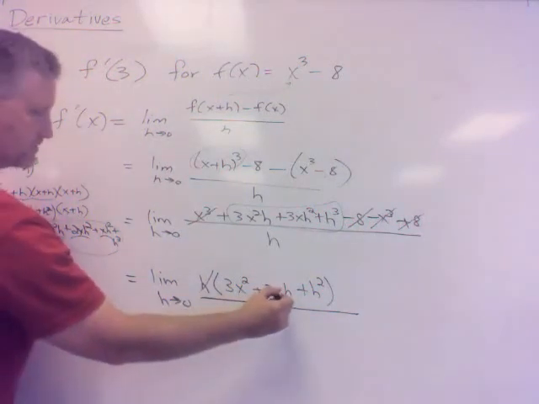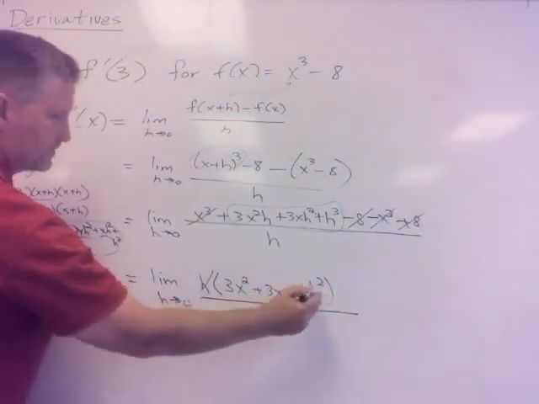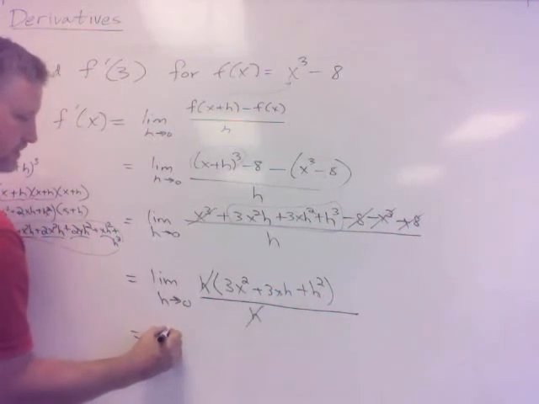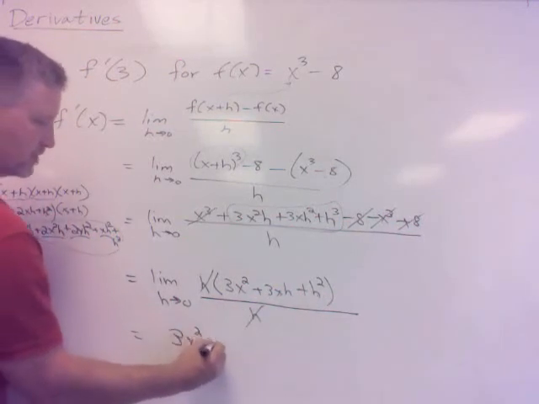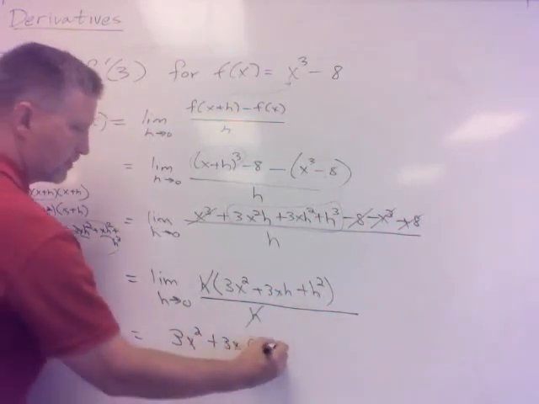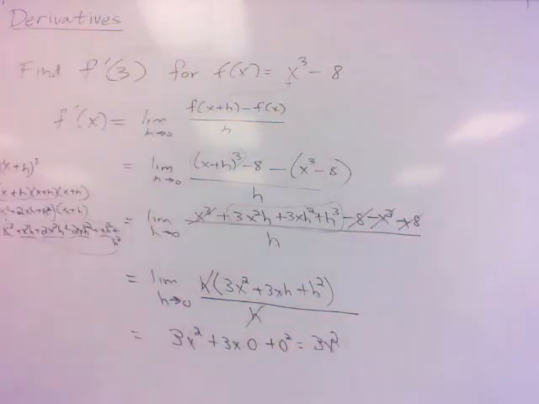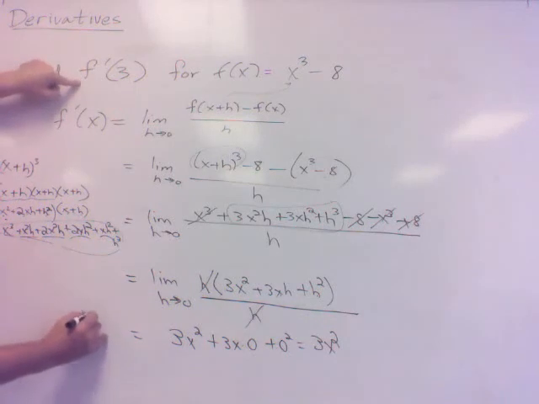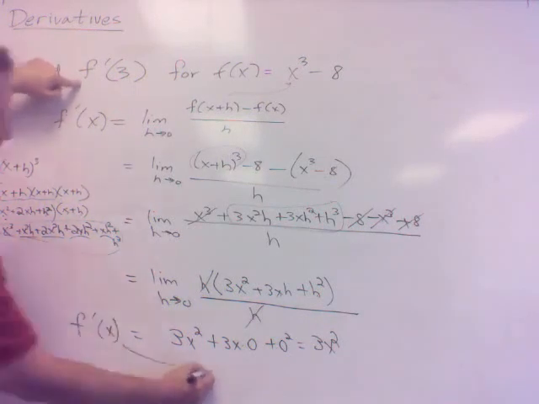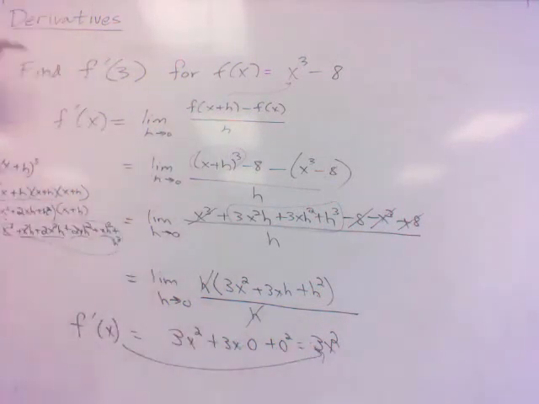If h goes to 0, those terms go to 0, so this limit turns out to be just 3x squared. Okay, but that wasn't what we wanted to find. That's f prime of x is 3x squared. I wanted to find f prime of 3.